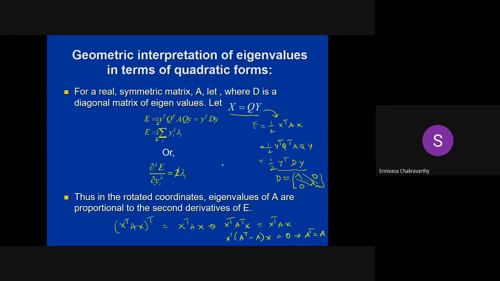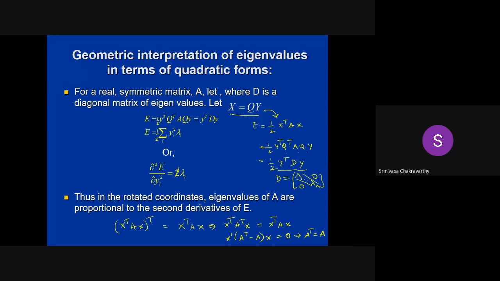Because I can draw pictures like this, with y1 and y2 axes, it is very easy to do, and that's why it's convenient to operate in 2 dimensions. But the catch is that we are now considering the function in y coordinates, not in x coordinates. How is it valid?